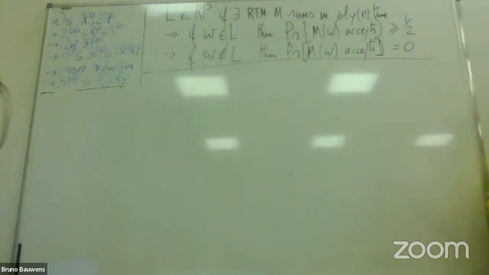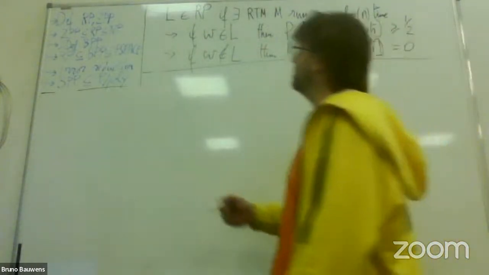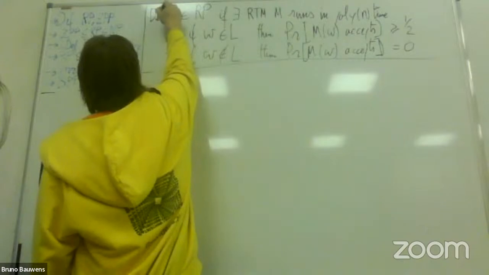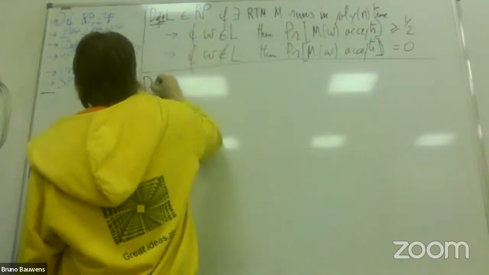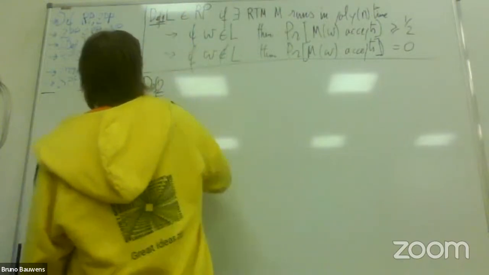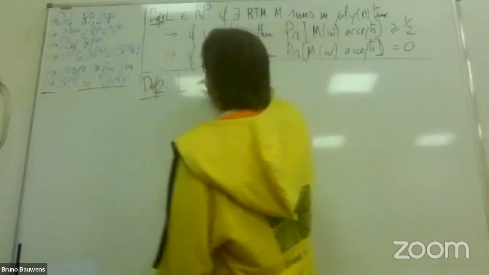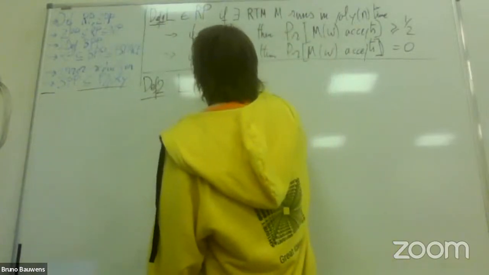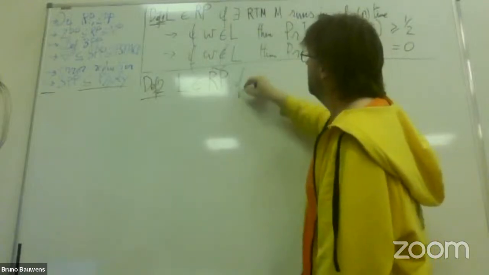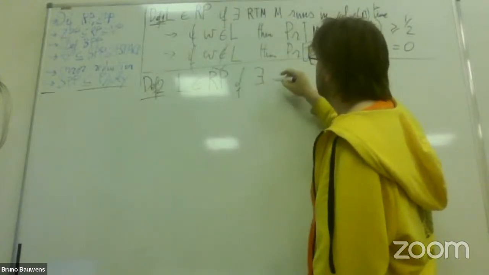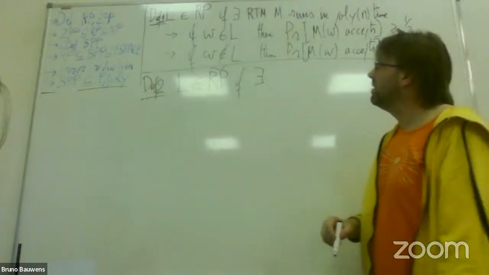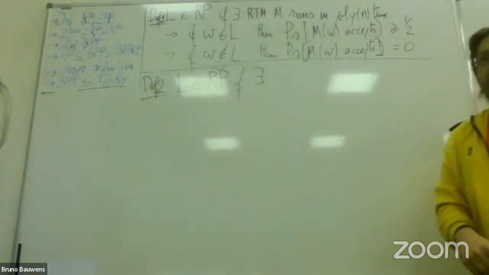Now there is a second definition, where we consider deterministic Turing machines that have a second argument. So definition 2. Let us say L is in RP tilde if there exists a polytime verifier.